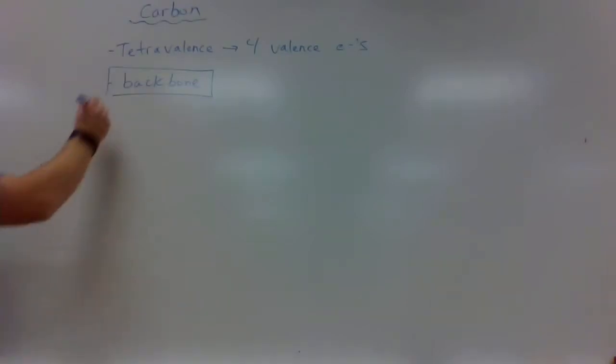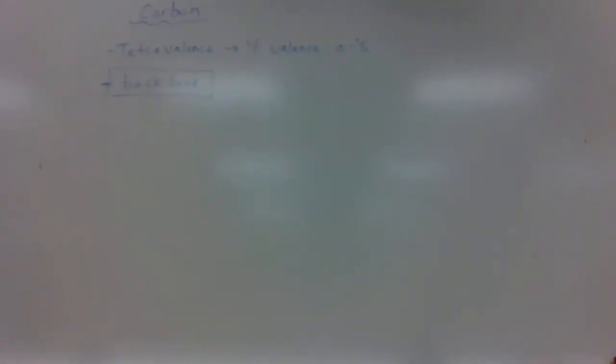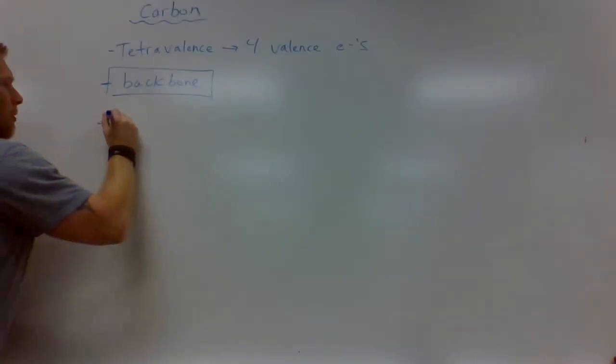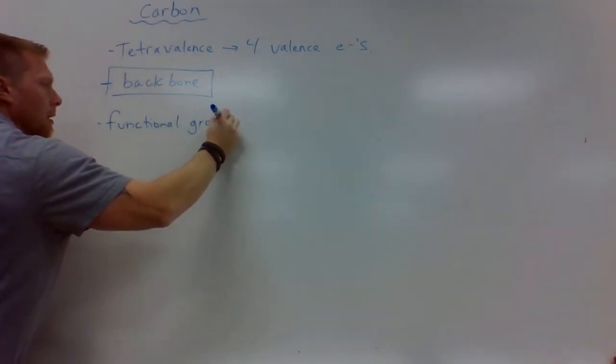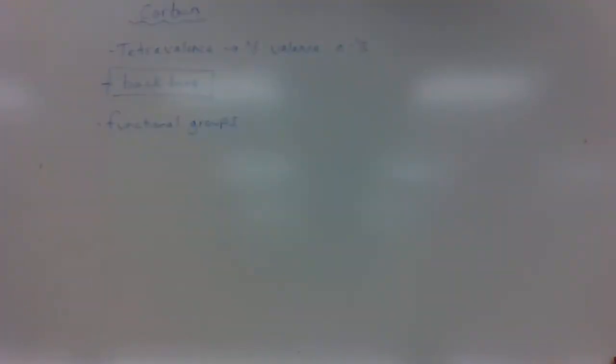The second factor that's going to lead to the properties of an organic molecule is going to be the functional groups. The functional groups are the groups that branch off of the carbon backbone. Like we said in class, you don't need to memorize the functional groups, but you should be able to recognize them in specific molecules. The functional groups are important because they are the part of the organic molecule that's going to participate in chemical reactions.